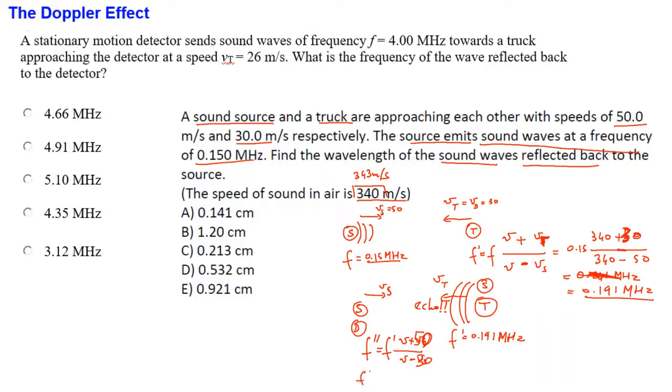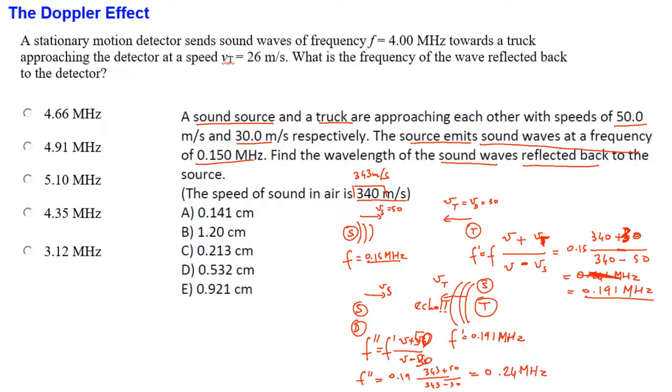Okay. So F double prime, which is the frequency of the wave reflected, is 0.19 times (343 plus 50) divided by (343 minus 30). And if you do that, you get 0.24 megahertz.